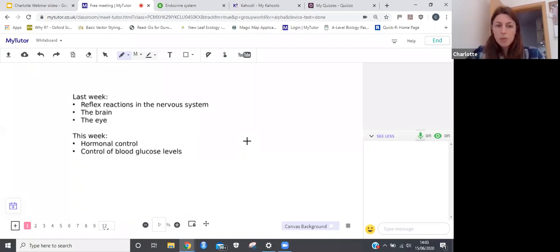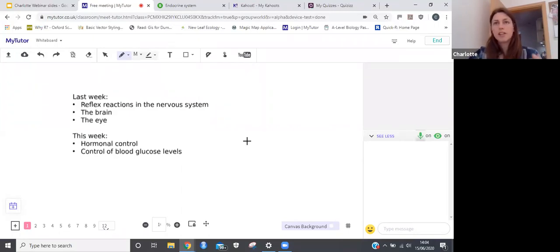This week we're going to look at hormonal control, another method of sending messages around the body. Hormonal control takes place as part of the endocrine system. We're going to discuss that today, and then look at how the endocrine system controls blood glucose levels in the blood. This is all an example of homeostasis. Homeostasis is how we create an equilibrium in our body and maintain an even level of everything.